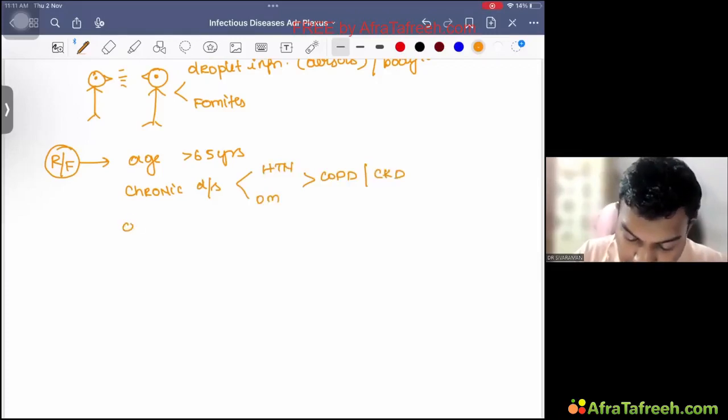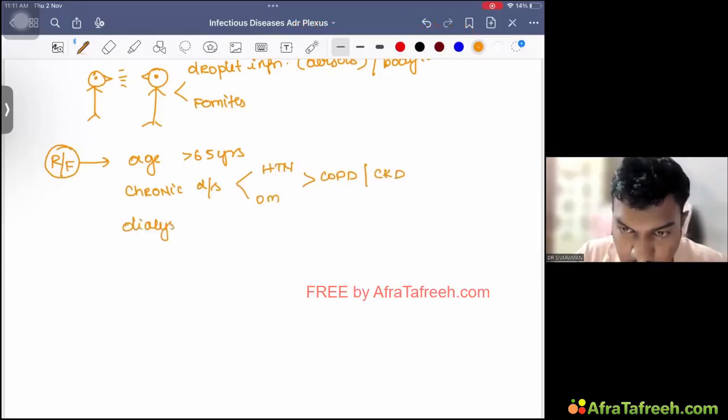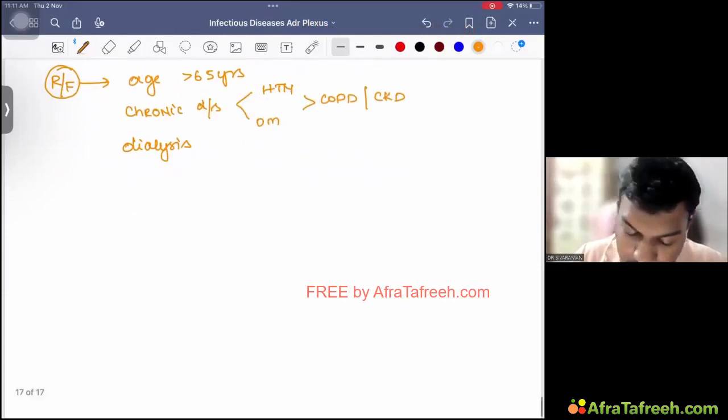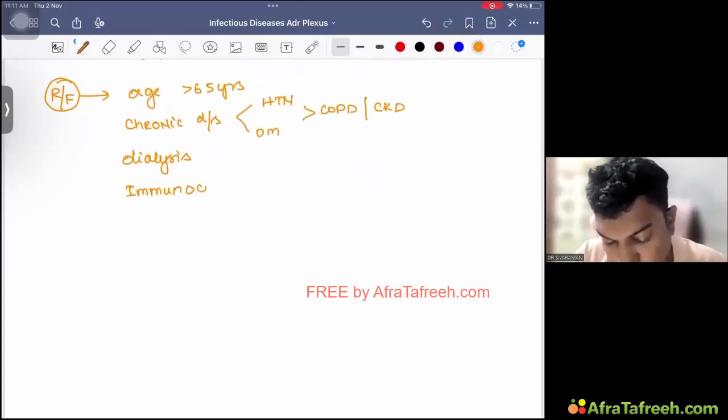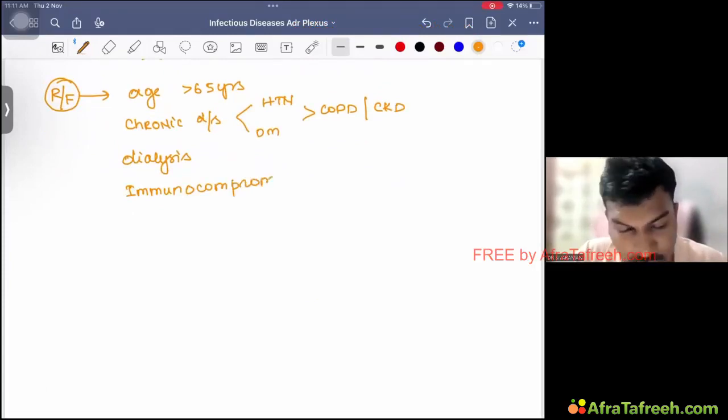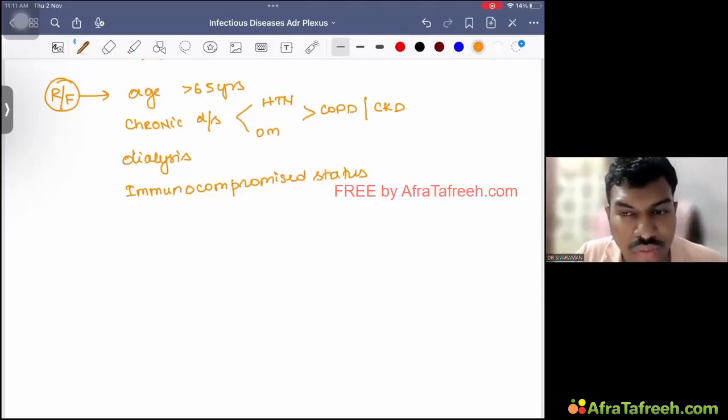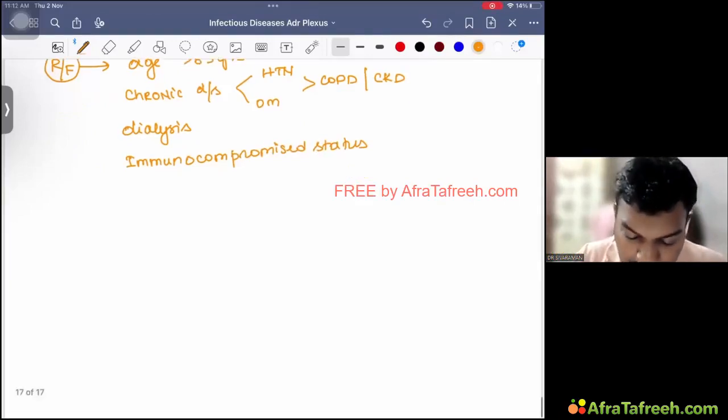Patient on dialysis, patient having any kind of immunocompromised status, all these remain as risk factors. So this is very important. How are you going to suspect a case?